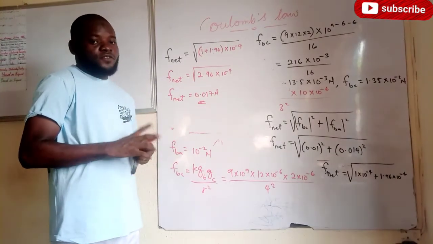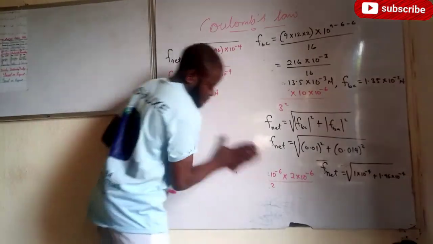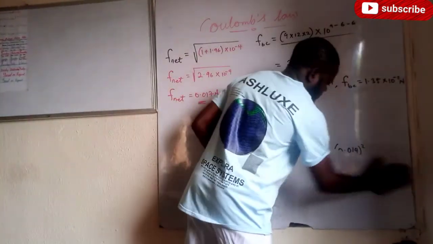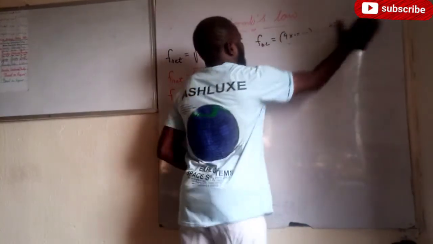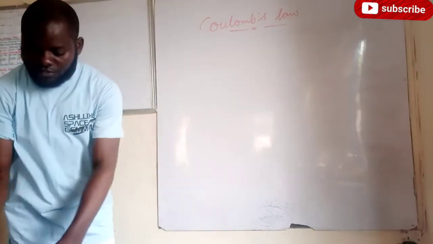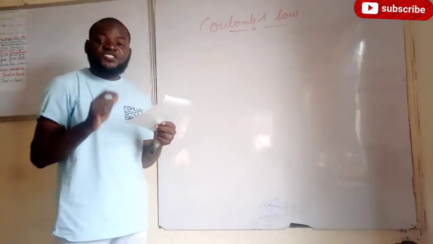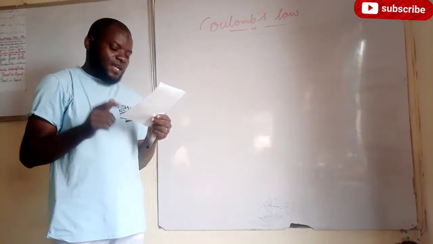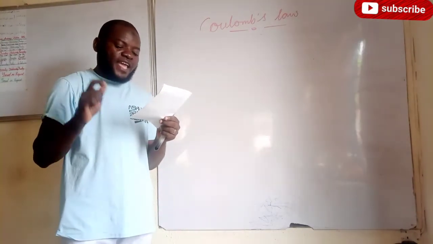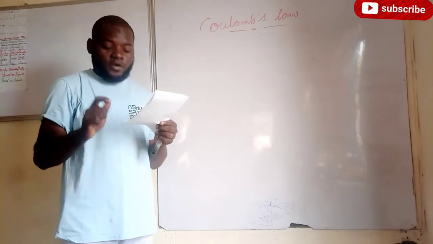Okay, let's go for the last question now. For the last question, we have that 3 point charges are located at the corners of an equilateral triangle with a side length of 2.0 meter.